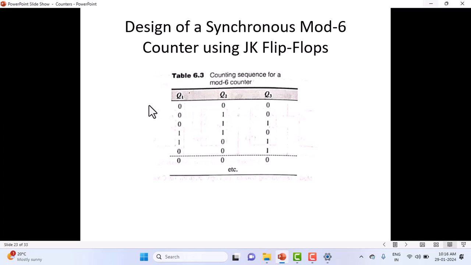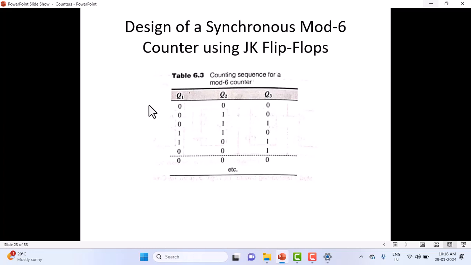I will now show you a step-by-step procedure to design a counter, and you can apply this concept to counter design with other flip-flops. I will show you the JK flip-flop first, with a mod 6 counter. You can apply a similar concept to design other counters. Mainly this kind of question will be asked in the GATE examination. What you need to remember is the excitation table.